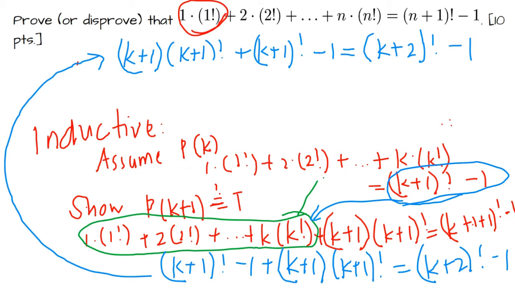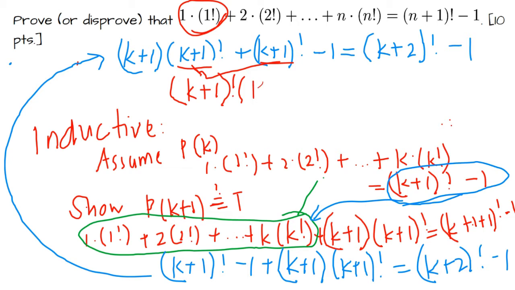So we can notice that this is easily factorable. Say (k plus 1) factorial and (k plus 1) factorial. We will have this one as k plus 1, and what is left will be (k plus 1) factorial.